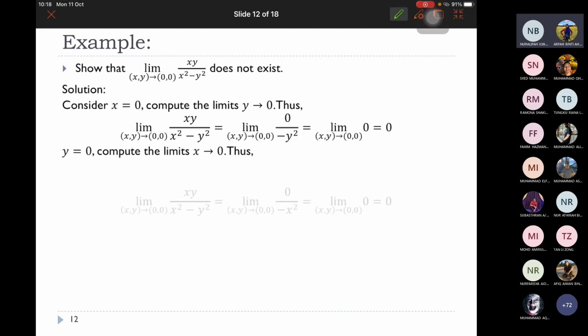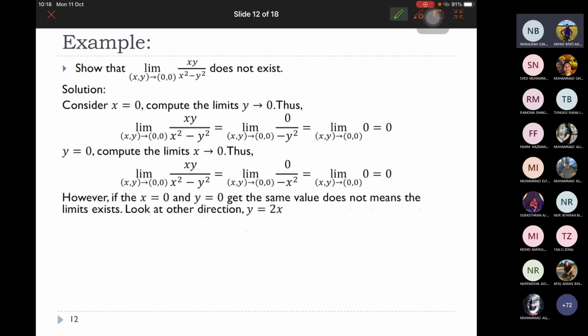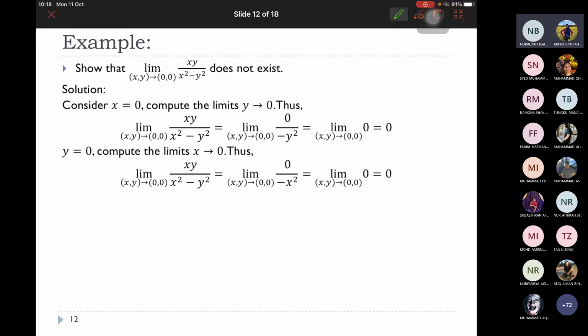So, when y equal to 0, we compute the limits. Okay. We compute the limits, tetap dapat sama. Okay. Tapi dia kata limit tu tak exist. That means, cuba kita gantikan dengan nilai yang lain. Okay. Because sometimes, sebab dia kosong kan.